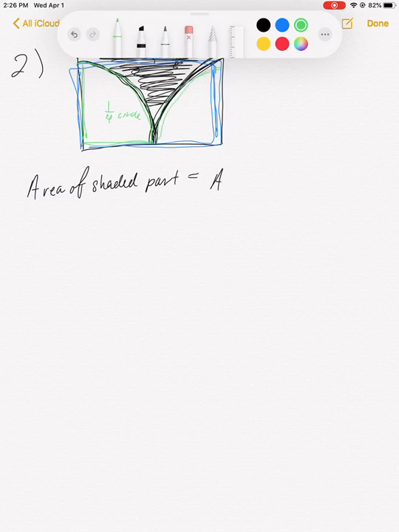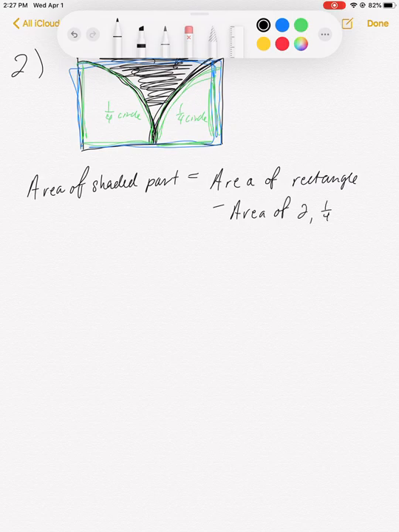And here's another one right here. So the area of the shaded part is the area of the rectangle, subtract the area of 2 quarter circles, which is actually going to be the area of a half circle, because 2 quarters are a half.